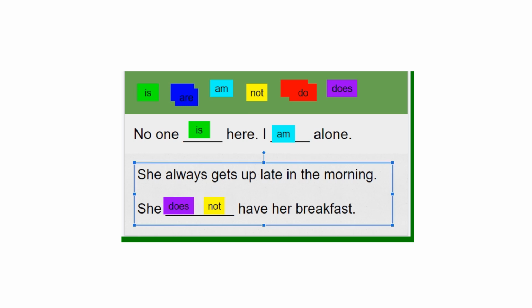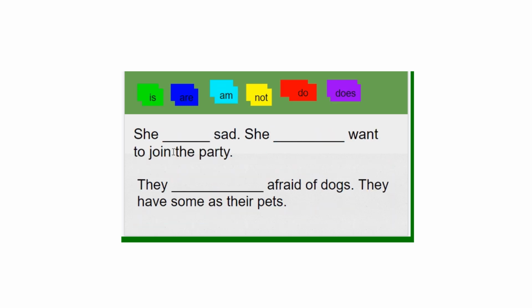Well done. Next, she blank said she blank wants to join the party. Okay, very good. She is sad. She does not want to join the party.